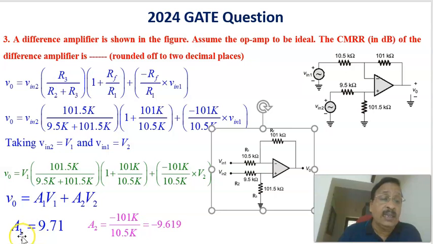Therefore, we got A1 and A2 by comparing these two equations. This is the equation stating the output voltage in terms of V1 and V2. The generalized equation for the output voltage is A1 V1 plus A2 V2. Comparing these two equations, we got A1 and A2.